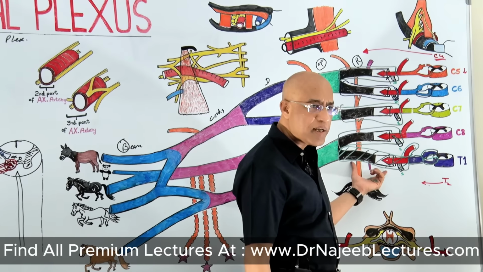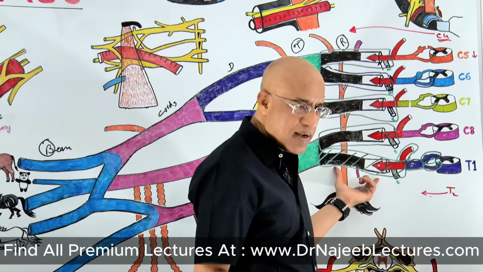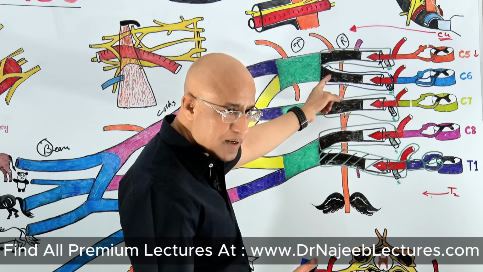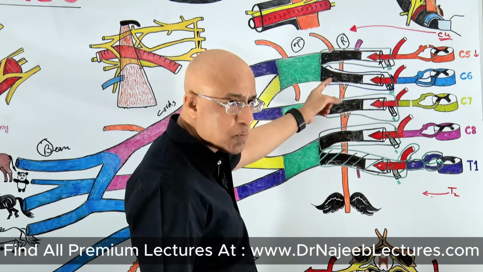What are brachial plexus roots? It's worth repeating, as I said, brachial plexus roots are having sensory fibers, motor fibers, and autonomic fibers, and these roots are basically what?